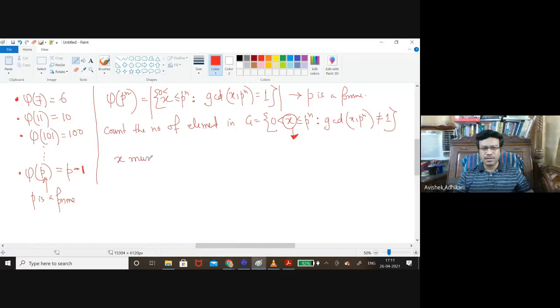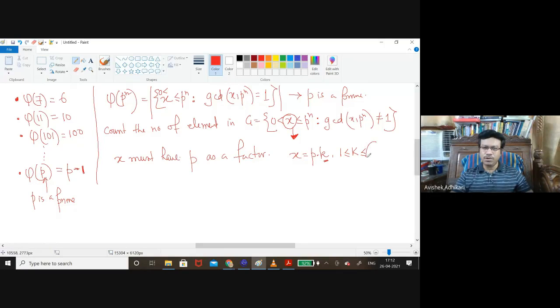Exactly. So here x must have p as a factor, right? So how does x look? Some p into k, where k varies from 1 to how much?